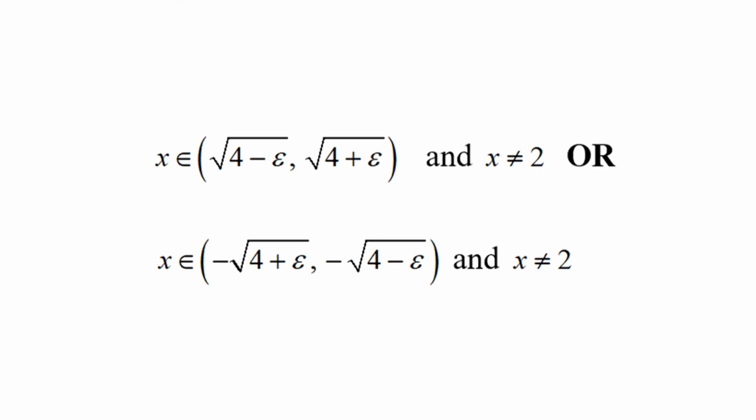Which is equivalent to x belongs to the open interval (square root of 4 minus epsilon, square root of 4 plus epsilon) and x not equal to 2, or x belongs to the open interval (negative square root of 4 plus epsilon, negative square root of 4 minus epsilon) and x not equal to 2.